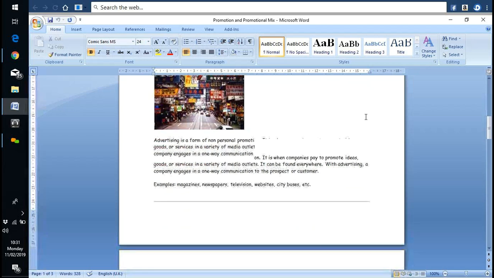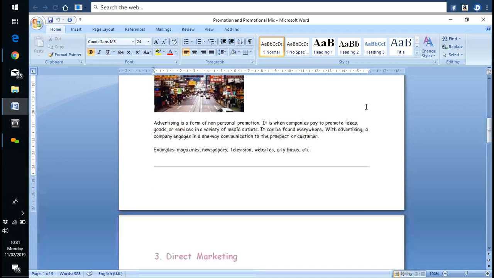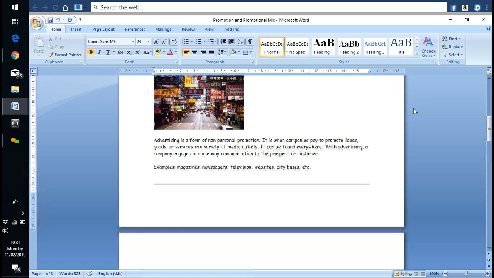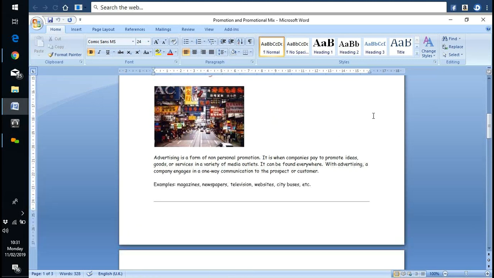So advertising is a form of personal promotion, but it spreads it out. They'll pay to promote the ideas, goods or services in a variety of media outlets. It can be found everywhere. That picture above is a good example.